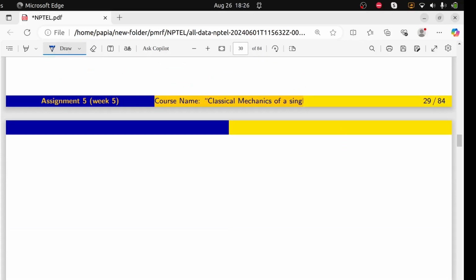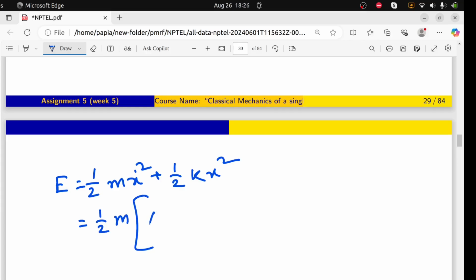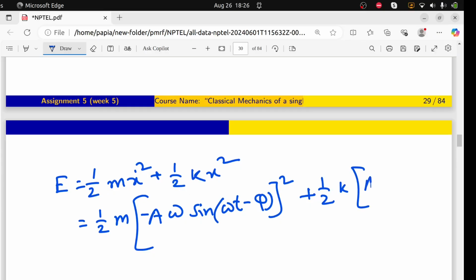So our energy will be half m x dot square plus half k x square, which is half m times minus A omega sin(omega t minus phi) whole square plus half k A cos(omega t minus phi) whole square.